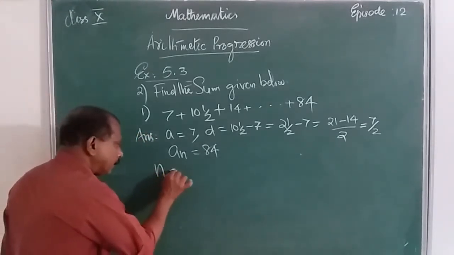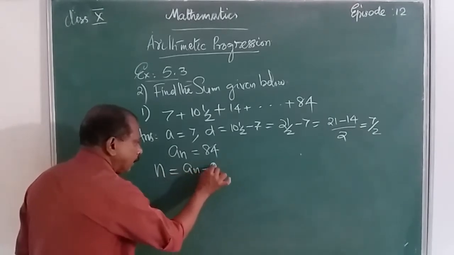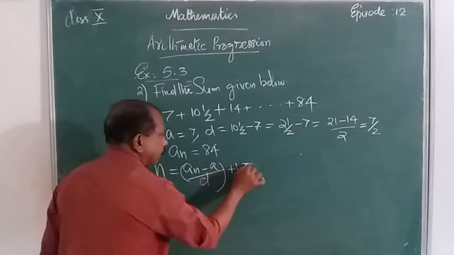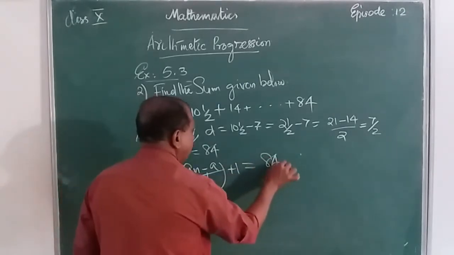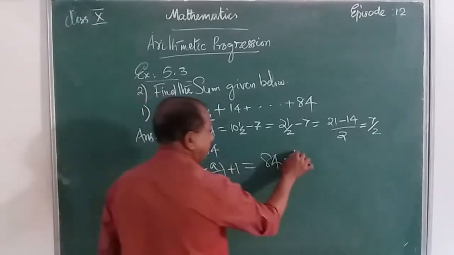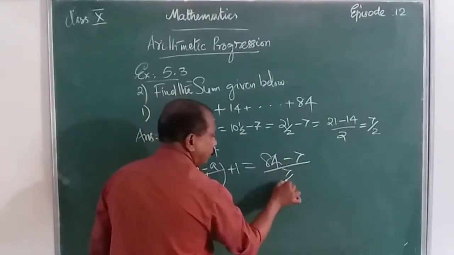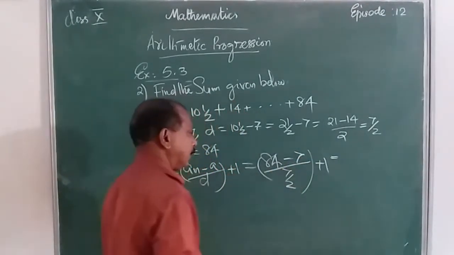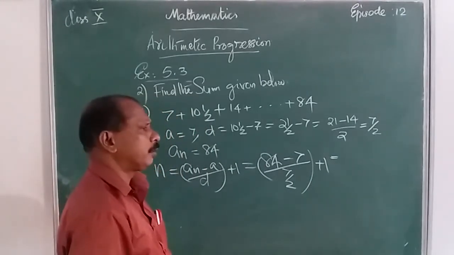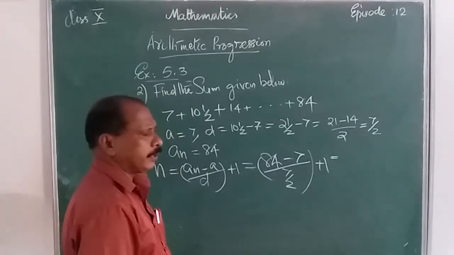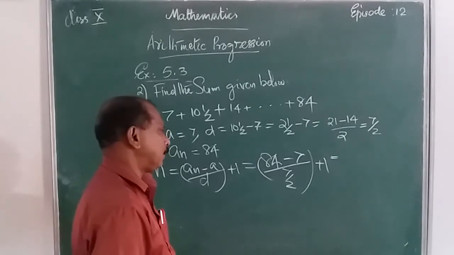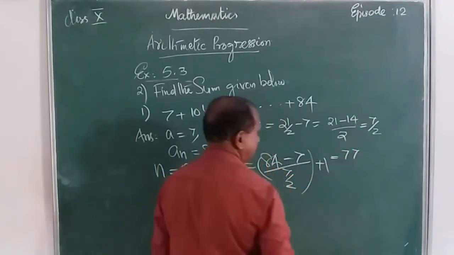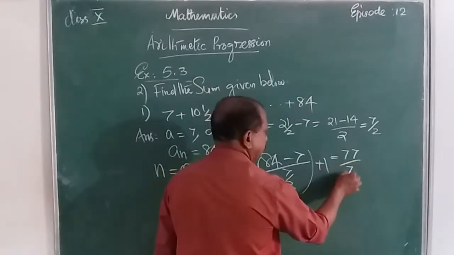That is n is equal to 84 minus a, that is 7, by d, that is 7 by 2, plus 1, is equal to 84 minus 7, that is 77, by 7 by 2.